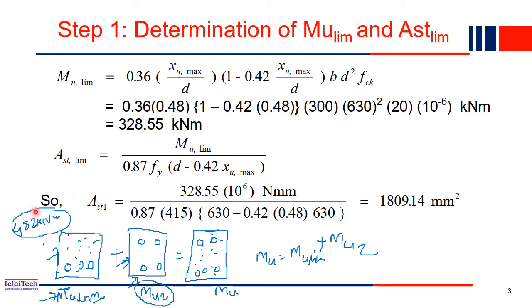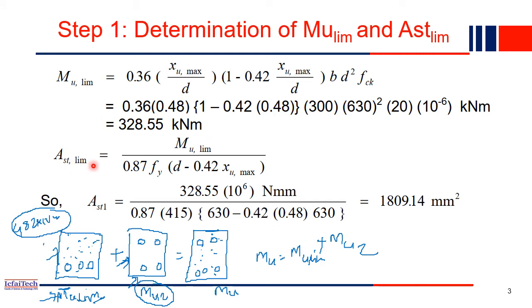So the remaining part, 482 minus 328, the extra 150 kilonewton meter, has to be taken care of by the doubly reinforced section. That's why we have to provide additional reinforcement in this section, and that's why we need a doubly reinforced section. Now you understood. Anyway, the Mu,lim we computed is 328.55.